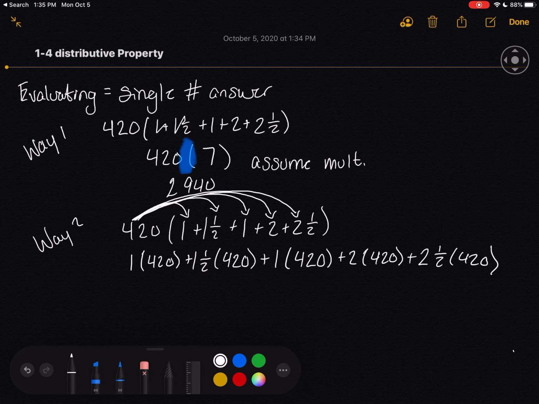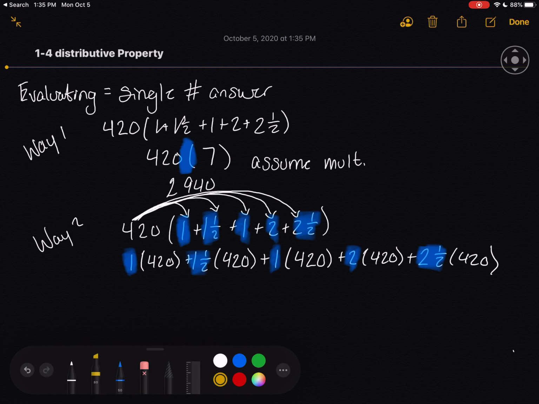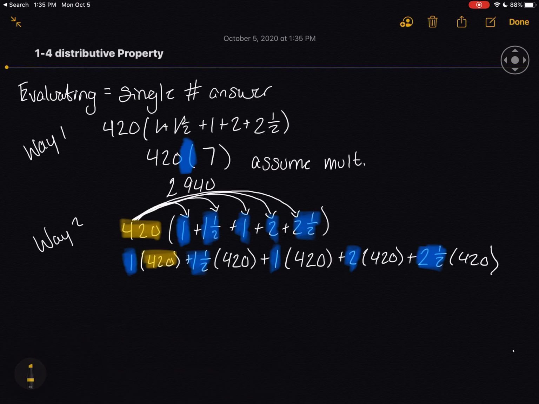Notice that the 1, the 1/2, 1, 2, and 2 and 1/2 are all on the inside.